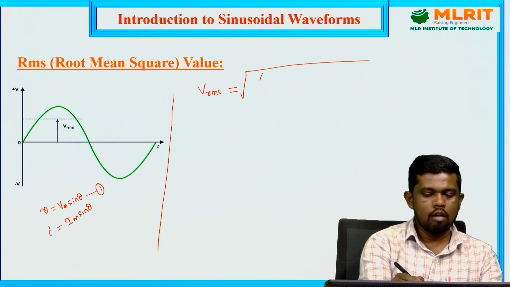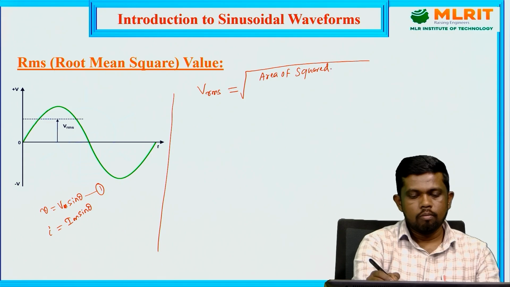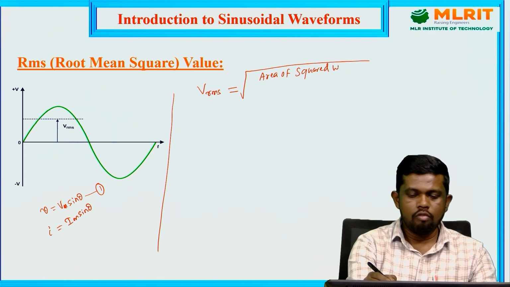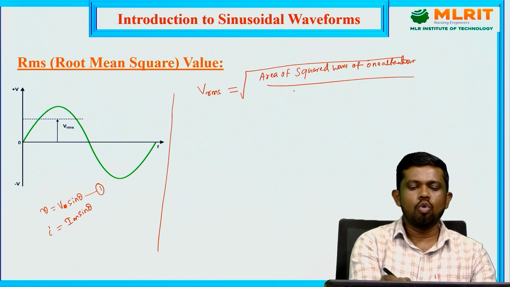the area of the squared waveform of one alternation, that is one half cycle, upon the total base length.